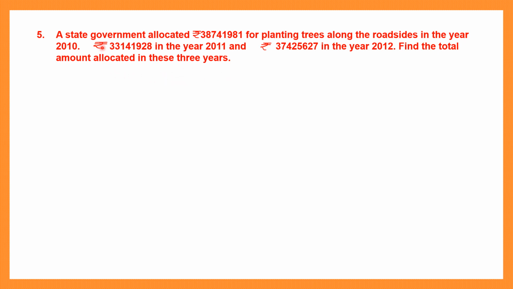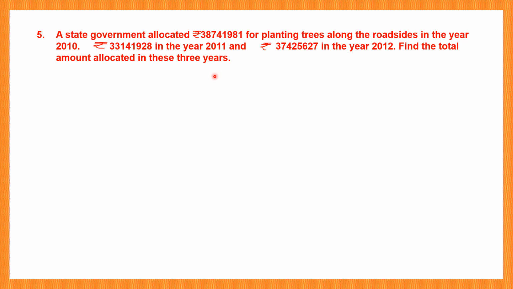That means the state government said they are going to plant trees along the roadside, and for each year they set aside a certain amount of money. They said use up this money to plant trees along the roadsides. So in 2010, 2011 and 2012 they had set aside some money to plant trees. Now we should find out the total amount that they allocated in these 3 years.